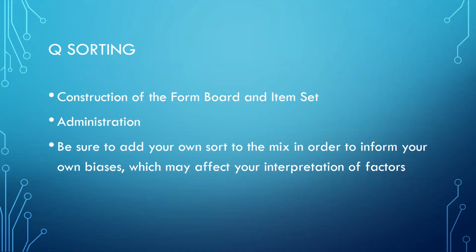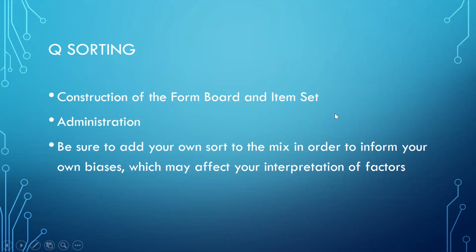It's much easier if you're there in person, but unfortunately in the days of COVID, most of us have had to go to an online format for Q sorting, and online format is helpful if you're working internationally in particular. So it's nice to have that option, but I do have to say that in person is much easier to do.